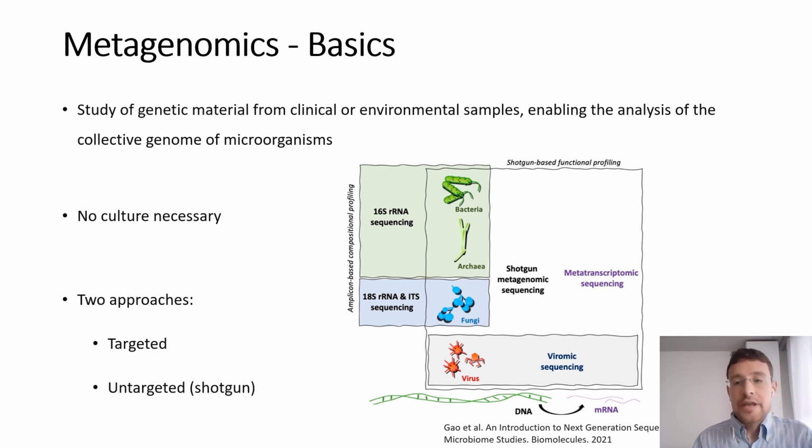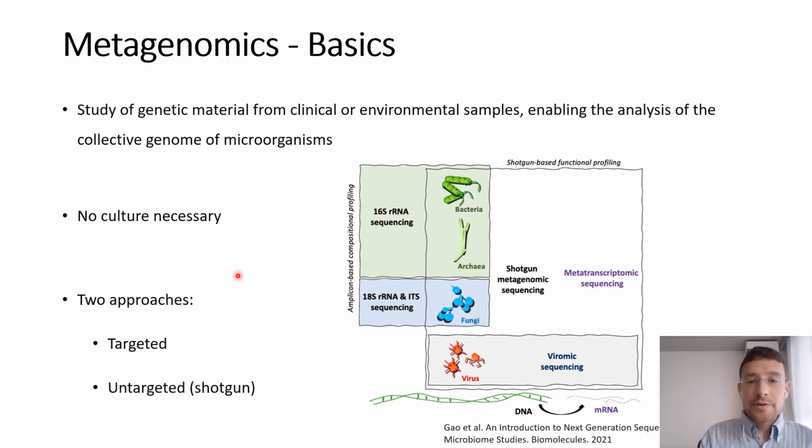What is the difference? In targeted metagenomics, we amplify just a specific gene of a class of microorganism. For example, we amplify a specific gene which is present in all bacteria, but has some differences among bacteria. So we may distinguish the bacteria present in our sample, and we may be able to quantify them.